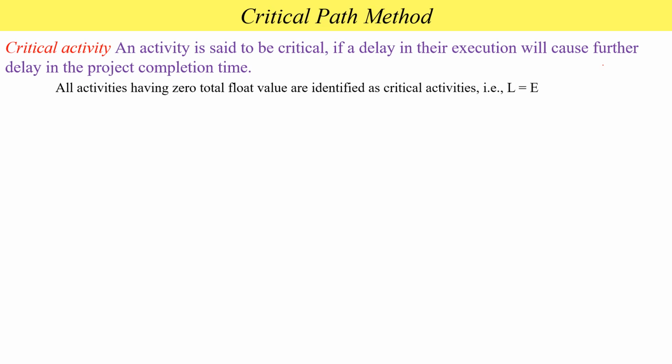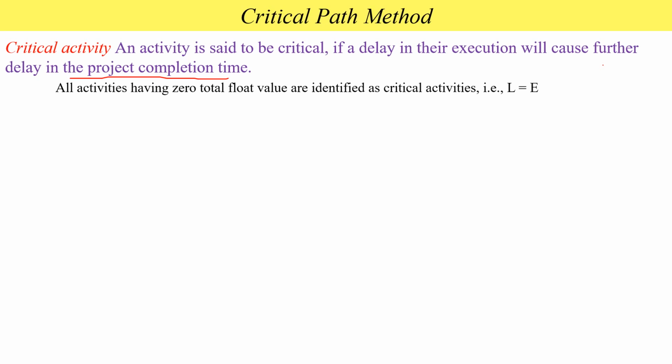An activity is said to be critical if a delay in its execution will cause further delay in the project completion time. Which means if we delay any activity and it causes a delay in the total project completion time, that respective activity we call a critical activity.